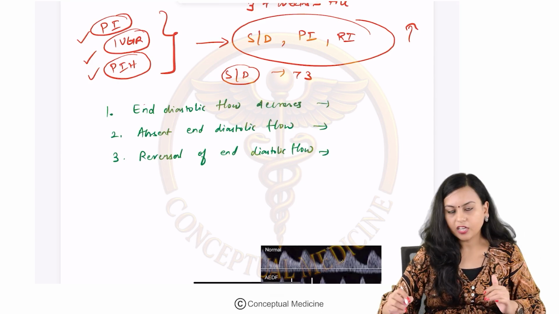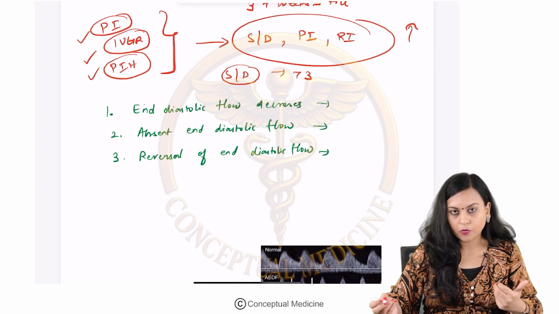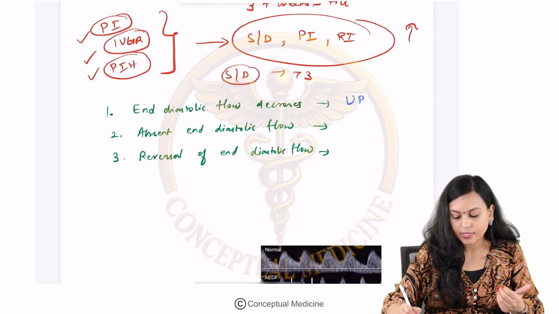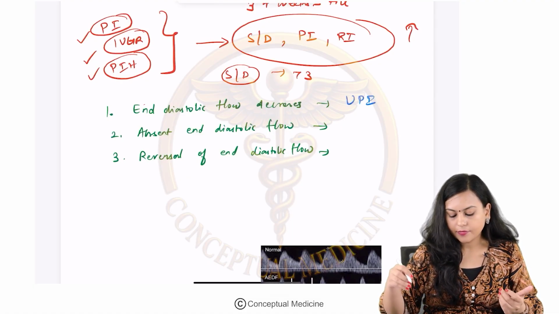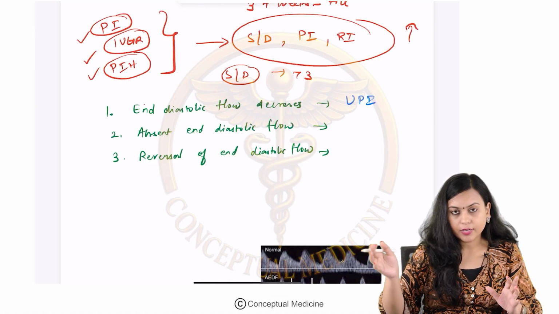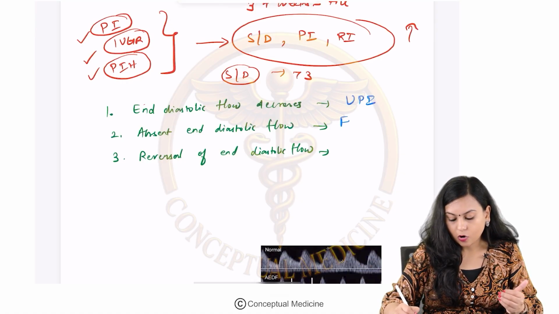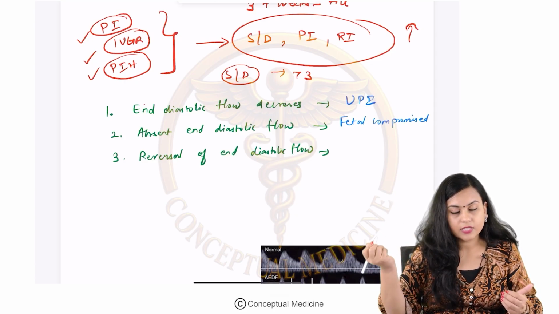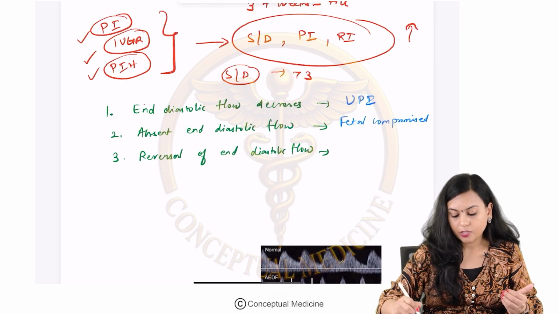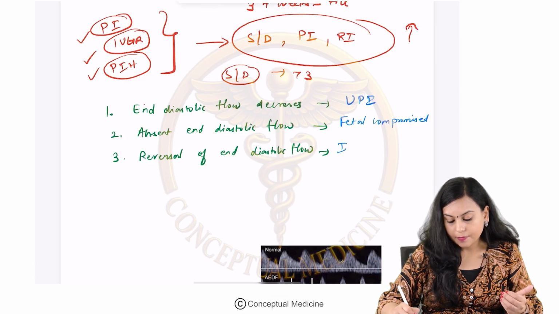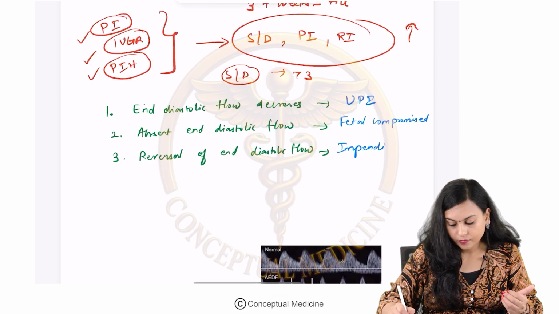Remember, when the end diastolic flow reduces, it means there is uteroplacental insufficiency. And when there is absent end diastolic flow, it means fetal compromise is occurring. Fetus is compromised. And when there is a reversal of end diastolic flow, it means there is impending fetal death.